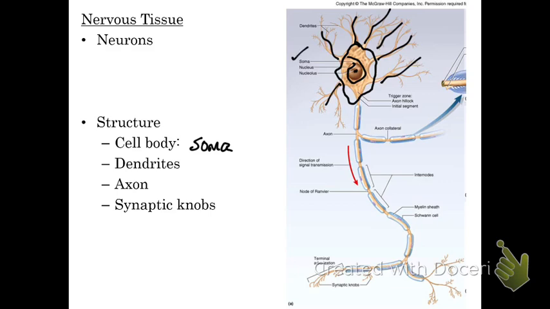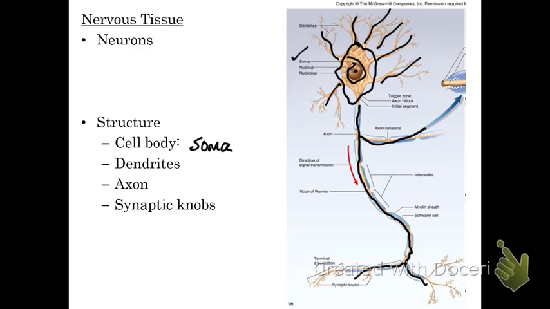And there is also going to be a more substantial process, just one of them, called an axon. And here you see the axon is significantly longer. At the end, the axon does branch off, and even along the middle of the axon, there can be a significant branch. That would be considered an axon collateral.